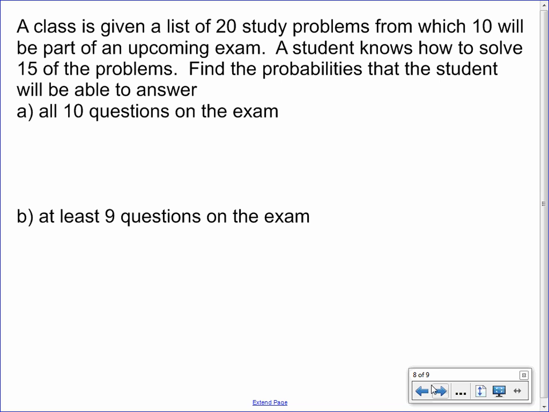Study problems, 10 will be a part of the test. A student knows how to solve 15 of them. First of all, let's talk about our sample size. What is our sample size?